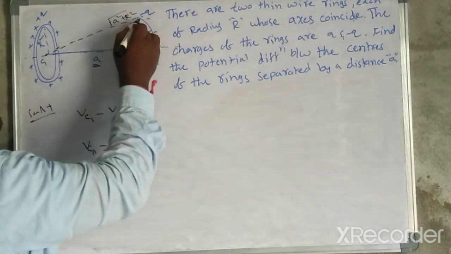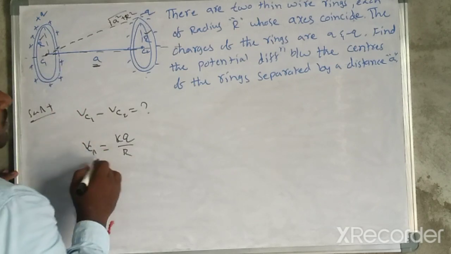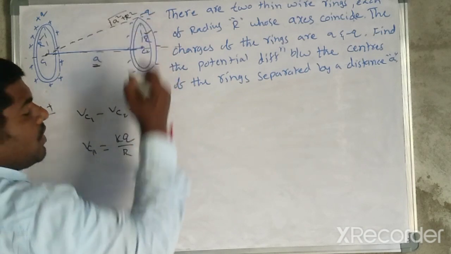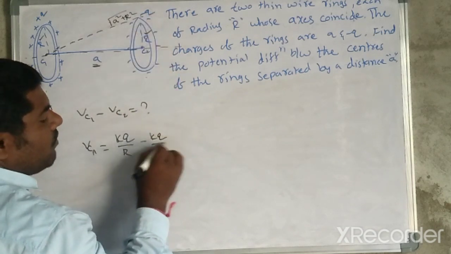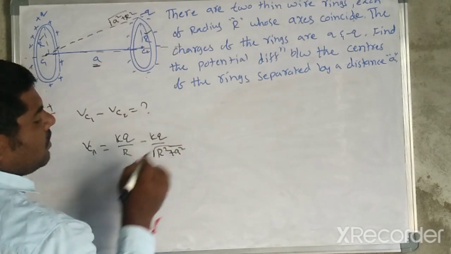So due to this ring, here the potential at center C1 is VC1 equals minus KQ divided by under root of R square plus A square.